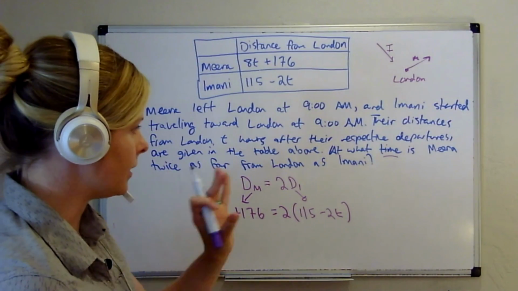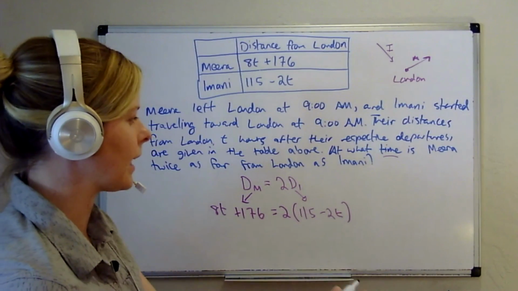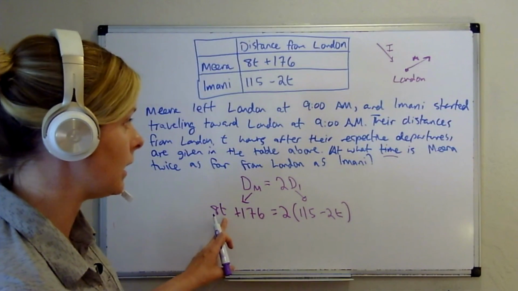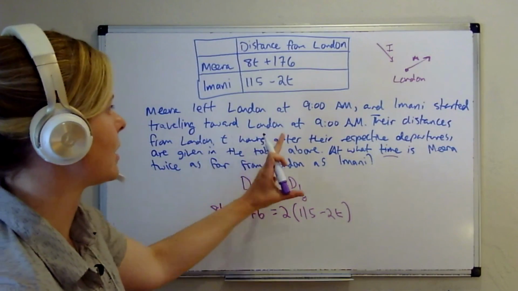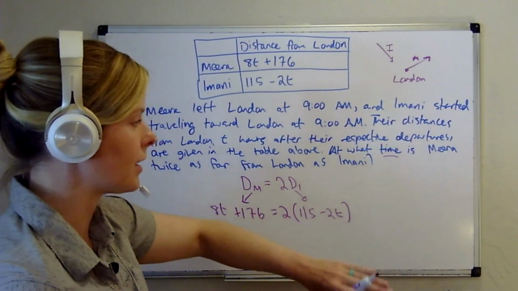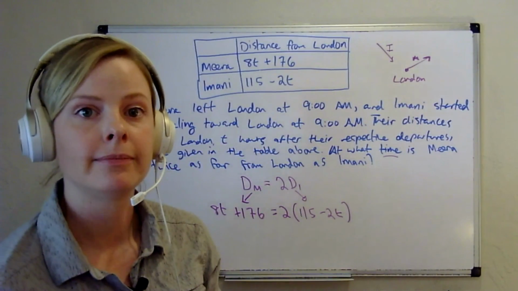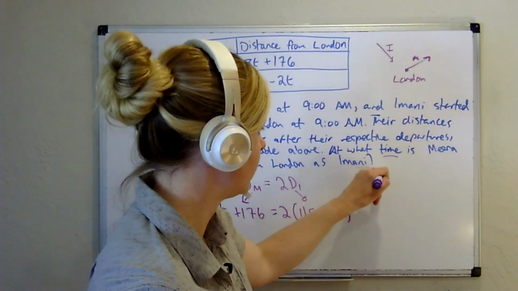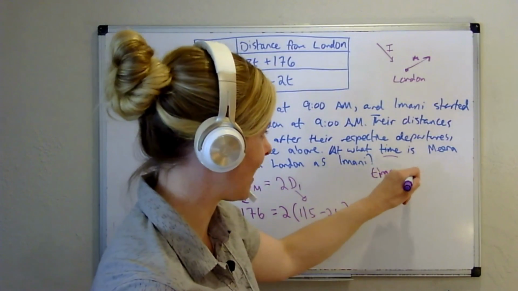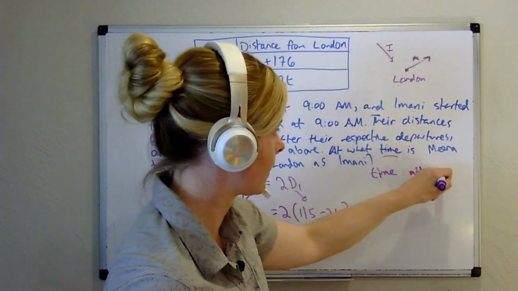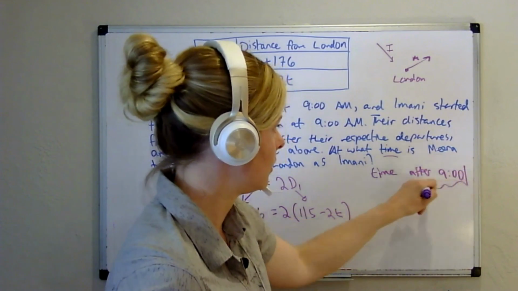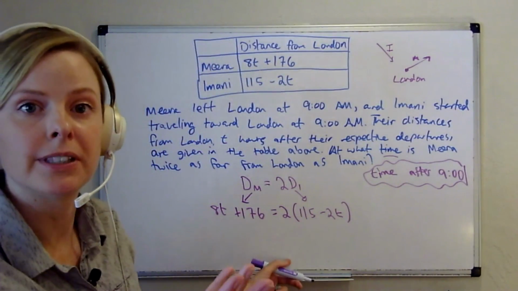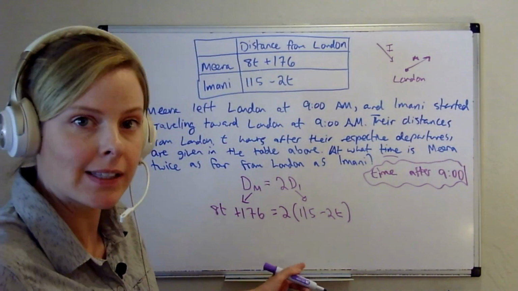Now, to plot forward and see where this is going to get us, let's just take a second to think about this variable t. T is t hours after their respective departures, and we know that those departures are at 9 a.m. So we're solving for time, right? I think it's important to note that it's time after 9 a.m. because this is going to pop out some value, some number, but that's not the end of the road.